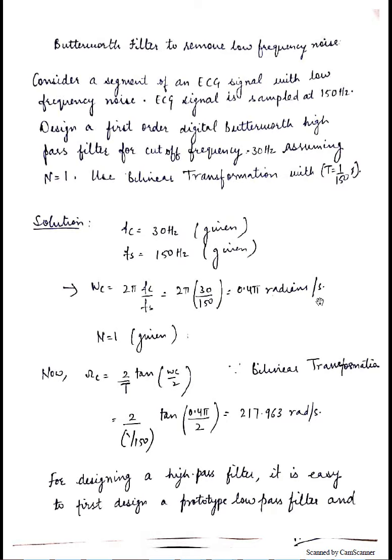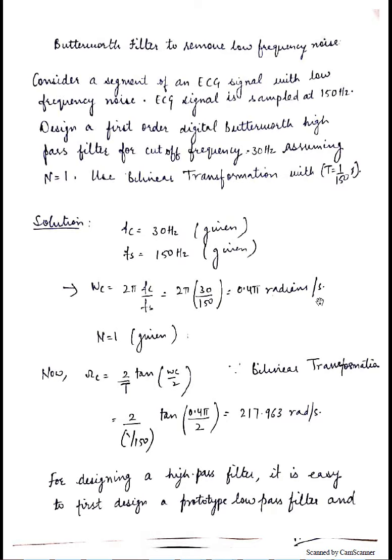First we will design a prototype low pass filter, and then we will convert that into the corresponding digital filter. We know the system function of a normalized low pass filter. Focus on this, we are taking a normalized low pass filter, that's why we kept 1 in the numerator. In general it depends upon the order.